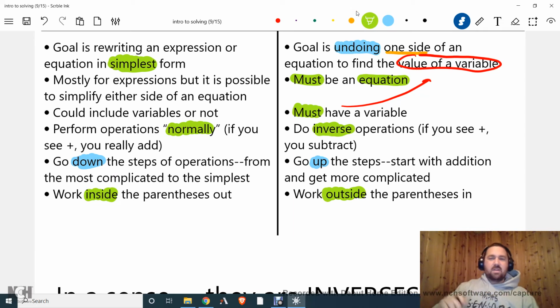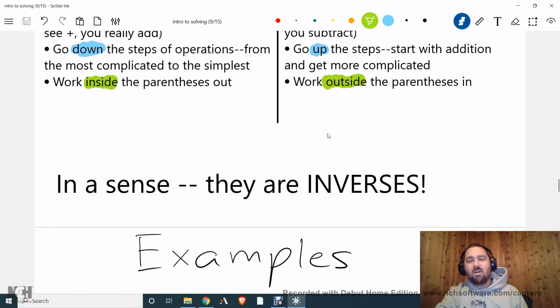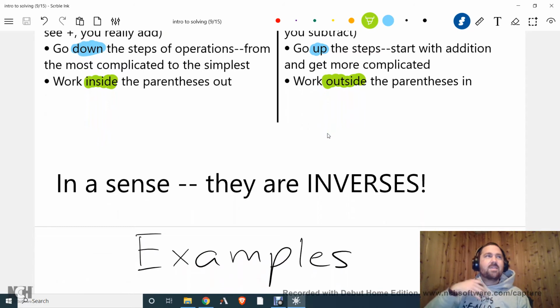So we have normal versus inverse, we have down versus up, we have inside versus outside. These are all the words of inverses, and that's kind of what simplifying and solving are. They're inverses. That's why it makes sense that we mix them up, because they're related, but they're definitely not the same thing. Addition, subtraction, related, not the same thing.